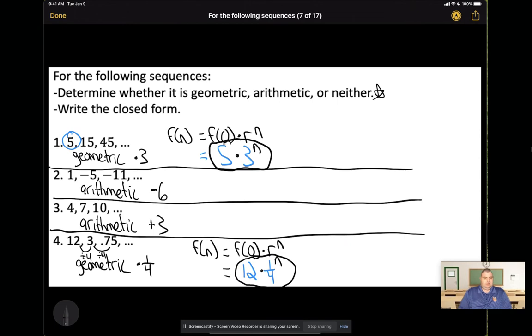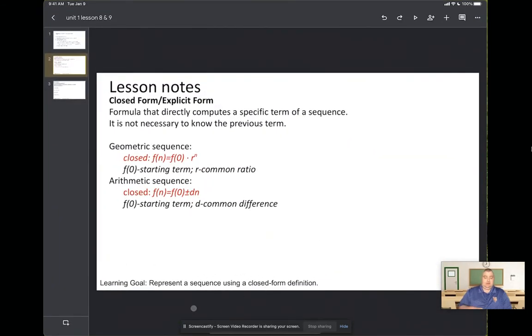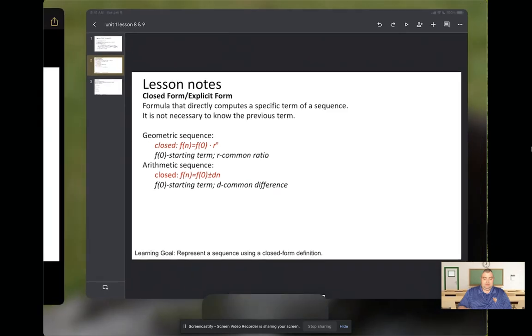Now let's go and do the 2 arithmetic ones. So let's go back to our lesson notes and take a look at the formula for an arithmetic sequence. So it's f of n equals f of 0 plus or minus d times n.